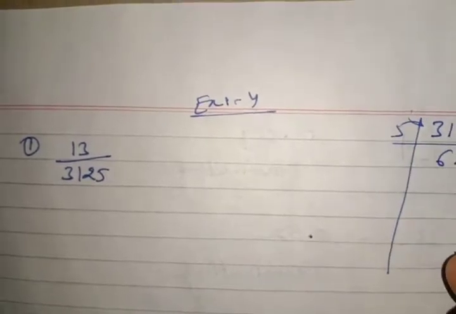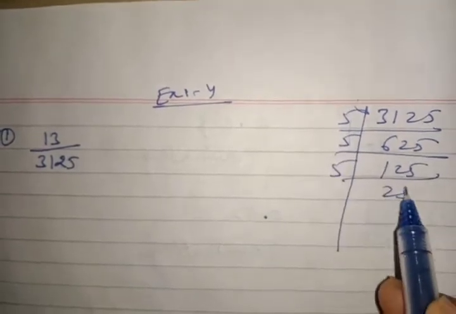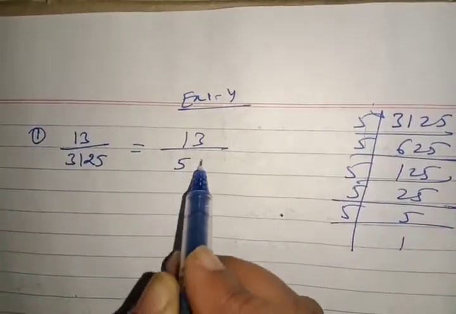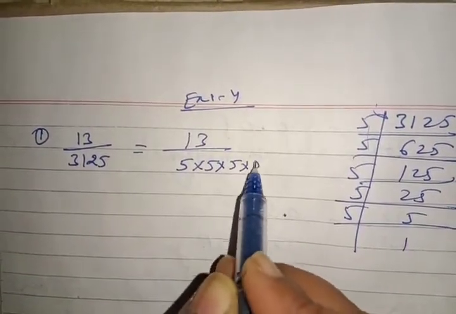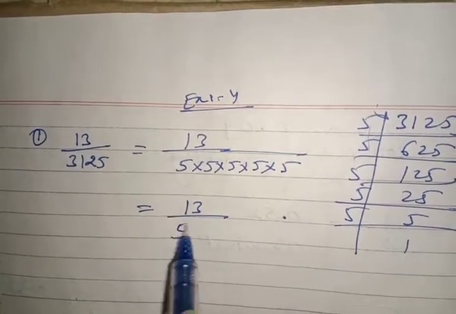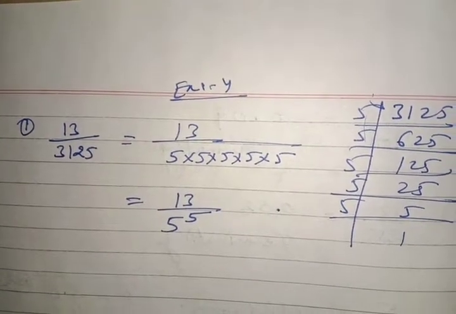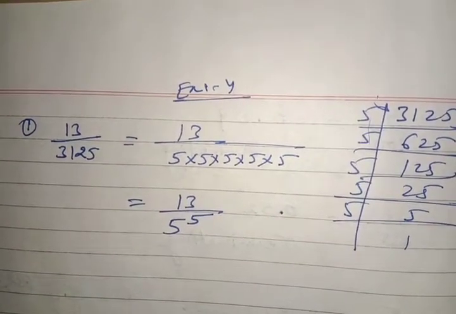The prime factors are 5 into 5 into 5 into 5 into 5, so it is 5 to the power 5. The prime factor of the denominator is only 5.